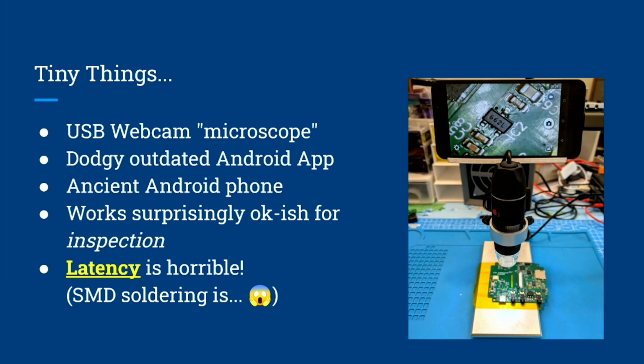Works okay for inspecting stuff, but then I actually tried to do some SMD soldering, not even that complicated. The latency was just impossible. You basically move your hand, and the latency is probably only maybe 500 milliseconds, less than a second, but that's enough that it just feels like you're controlling a robot versus your own hand.